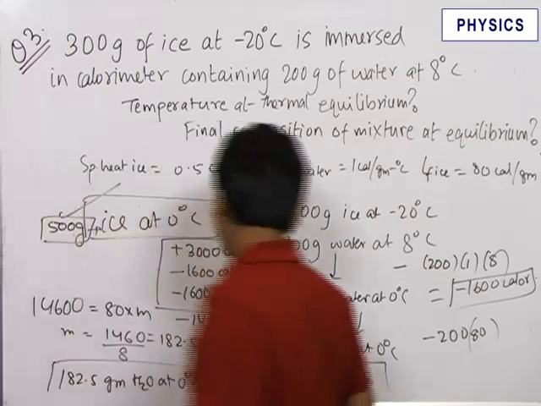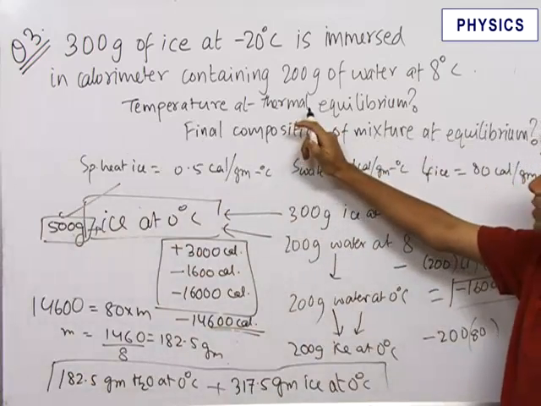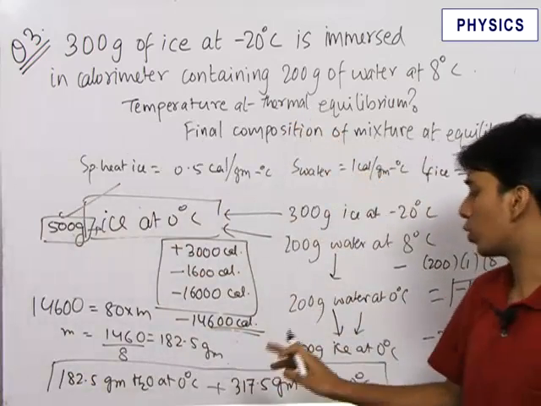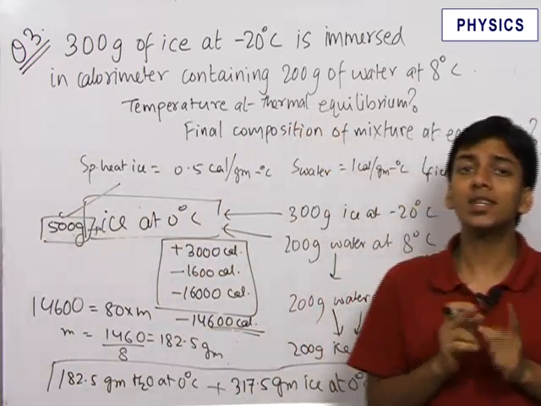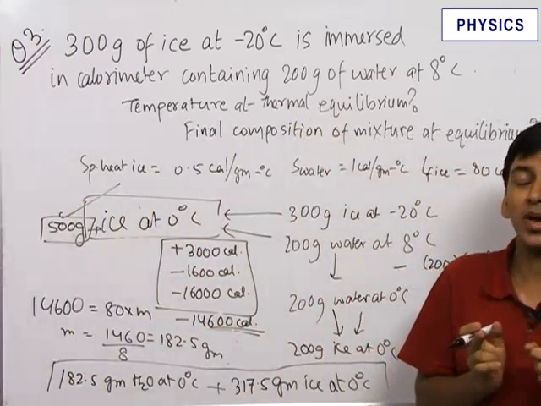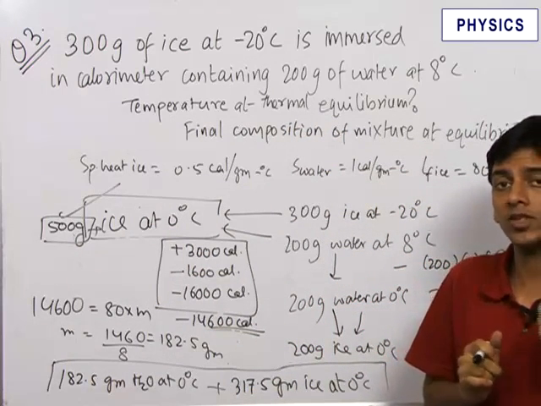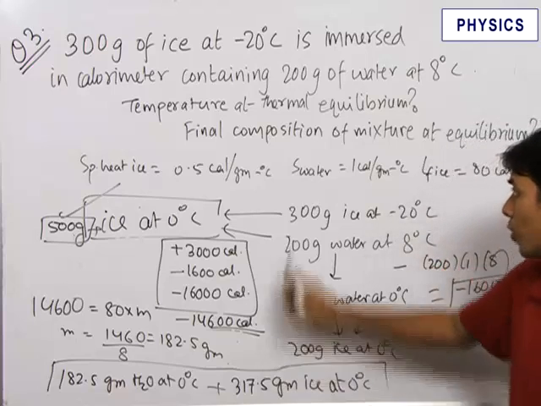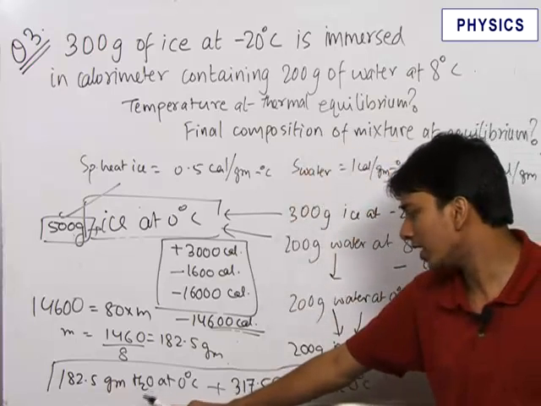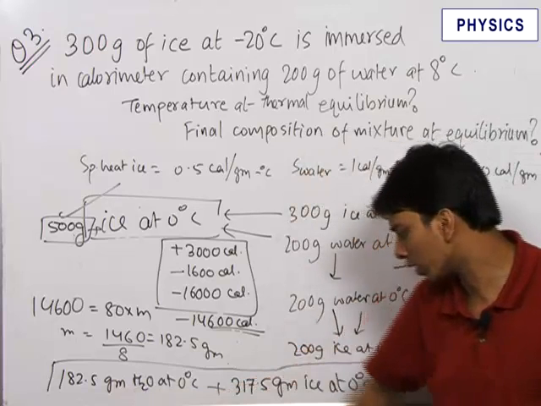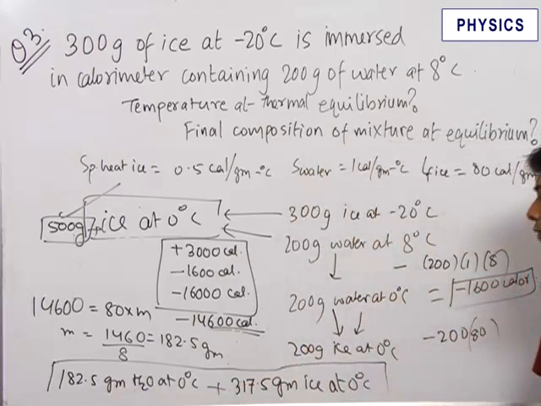So we get a final answer: since ice and water are coexisting together, and whenever ice and water coexist, the temperature of the system will always be 0 degrees Celsius. The composition of the final mixture is 182.5 grams of water and 317.5 grams of ice.